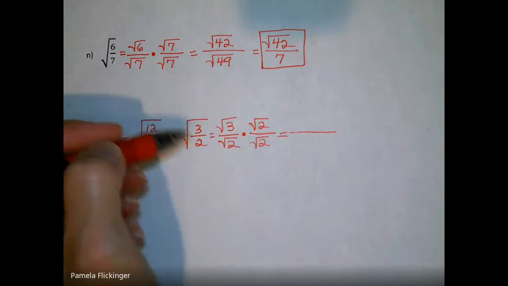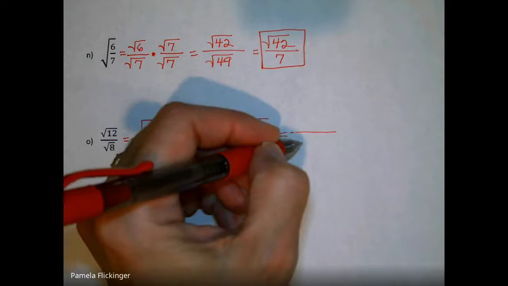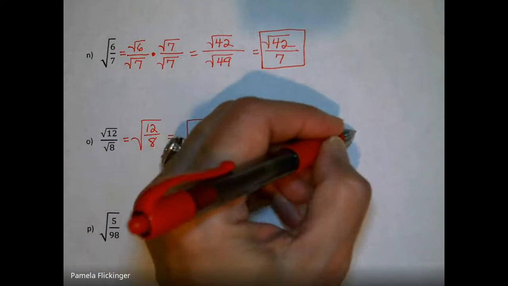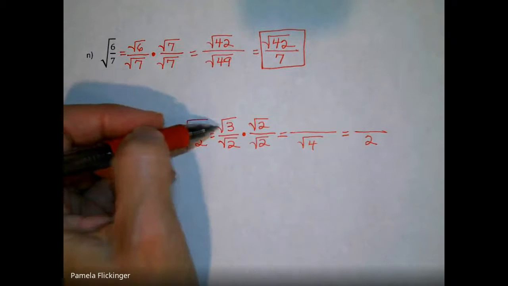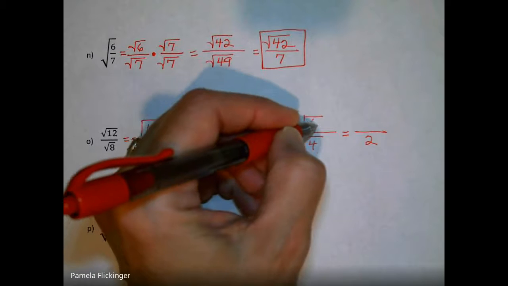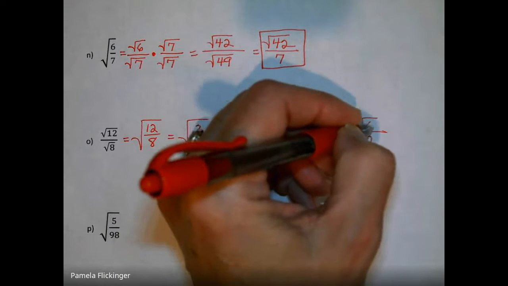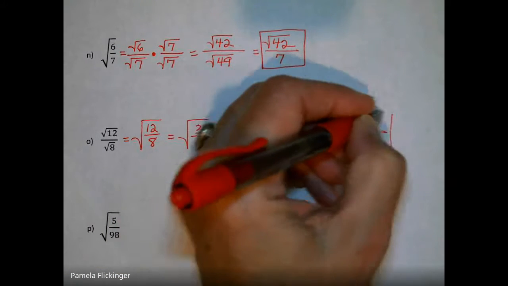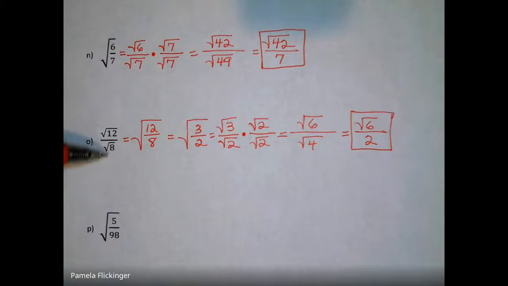I always do the bottom first because this will give me the square root of 4, which is just 2. And then the square root of 3 times the square root of 2 gives me the square root of 6, and that does not simplify. So just look at your numbers and see if you can simplify first. This might make it a little easier.